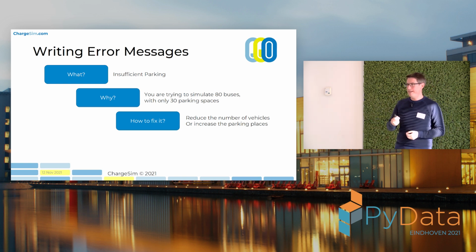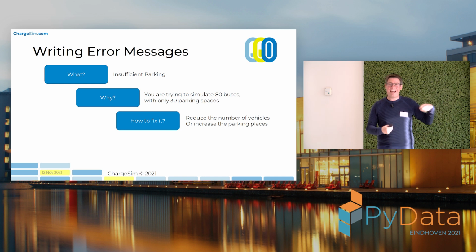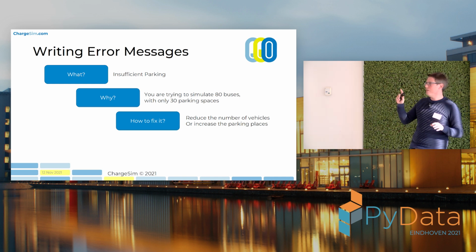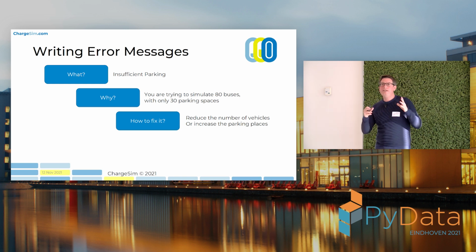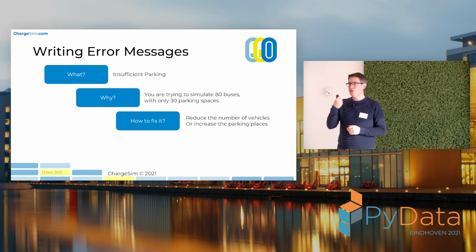So you have to explain that to them. And then the third part is how to fix it. Okay, you can go back and you can adjust the number of parking spaces, you can adjust the number of buses. And so when I write documentation for error files, I make sure to include all of these three elements, and I even have it in a template so that they all fit on exactly the same approach, because we want this to be usable, and the users need to be able to understand this.